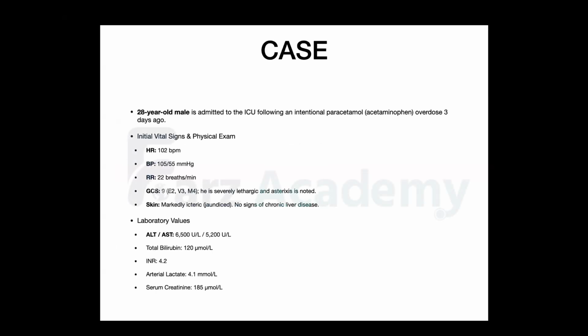So we had this 28-year-old male admitted to the ICU following an intentional paracetamol overdose 3 days ago. His initial vital signs and physical examination showed a heart rate of 102, blood pressure 105 over 55.